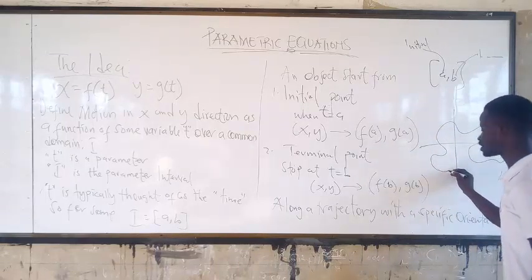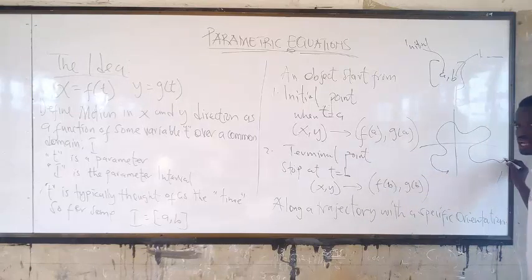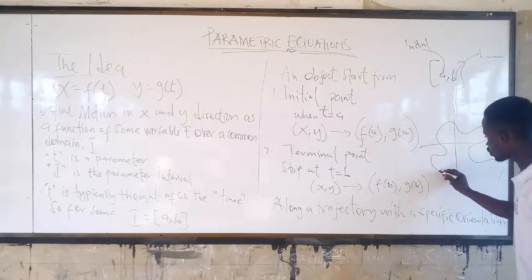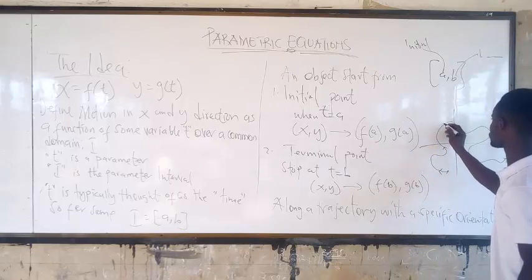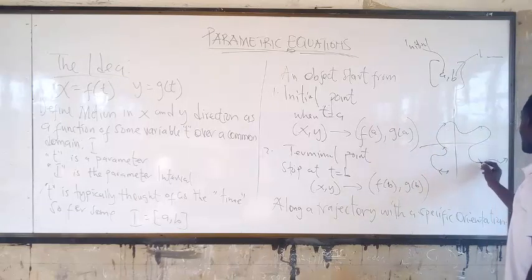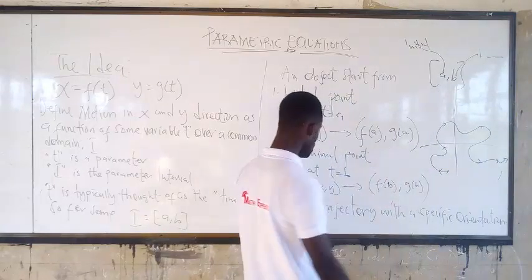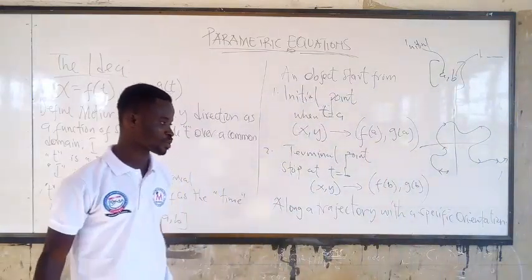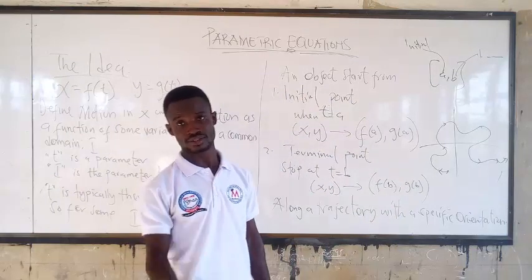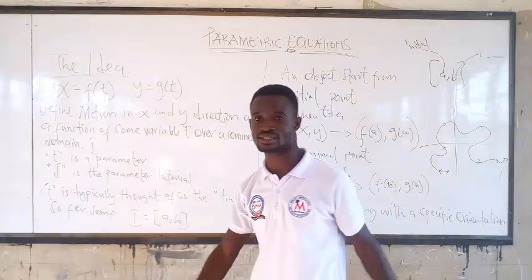So that means that my initial point is this, and this is my terminal point. So I have to show a direction. I have to show a direction to where I ended, obviously. So that is along a trajectory with a specific orientation. Alright, I'll be back with some questions, then we move on.